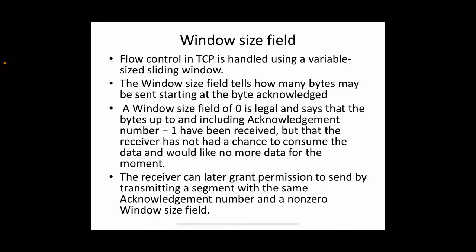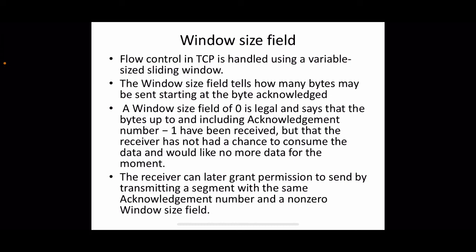Maybe the receiver is slow or a low-end machine, or there is some other issue. The receiver couldn't process that data, so for the time being, the receiver is not able to receive any more data. Only after processing the received data can it receive more. That is the meaning of window size field 0.